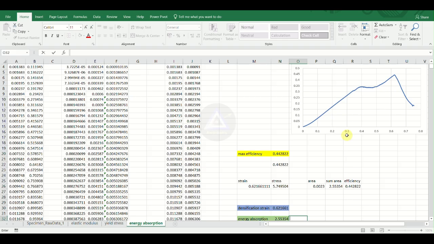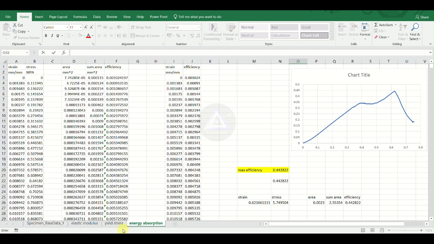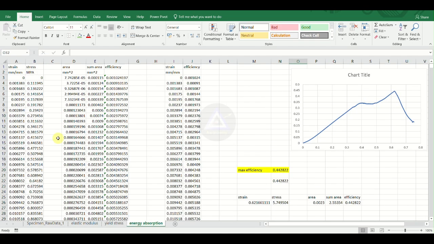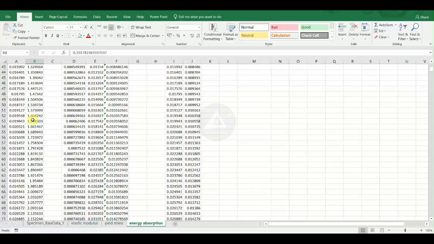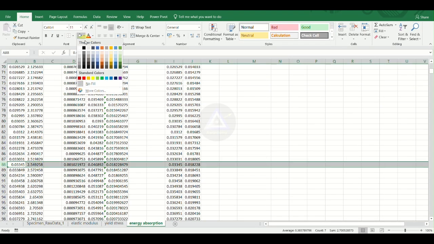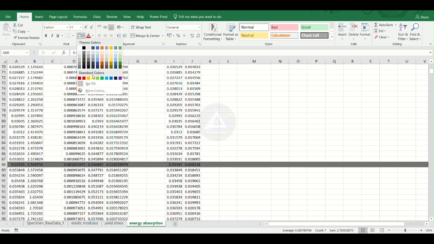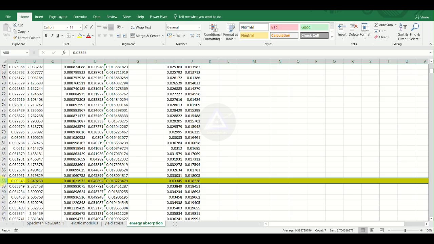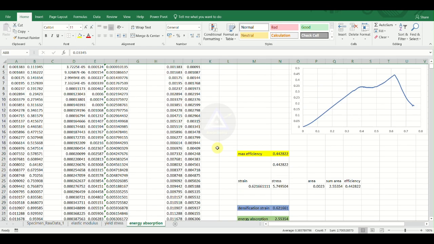So let's take that particular value. Before that we must know the yield stress value. Our yield stress value is 2.55. So let's highlight that here. Where is the 2.55 stress value? You can consider this as 2.55. Its value is at row 88.